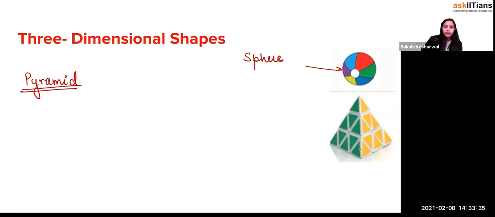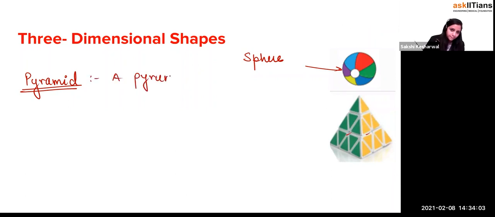You can take the base of any number of sides, and the side faces are triangles. You take the different triangles and join them at the tip, and the base can be any type of polygon. So basically, a pyramid is a solid in which the vertices of one face called the base are joined by edges to the other vertex called the common vertex or the apex, and the base is a polygon and all other faces are triangular. I'll just write it down for you, then I'll explain this.